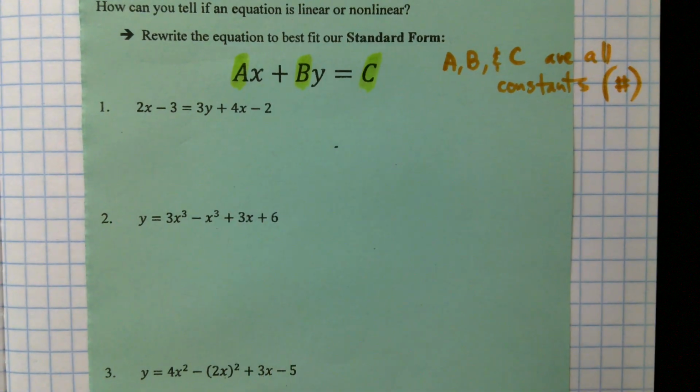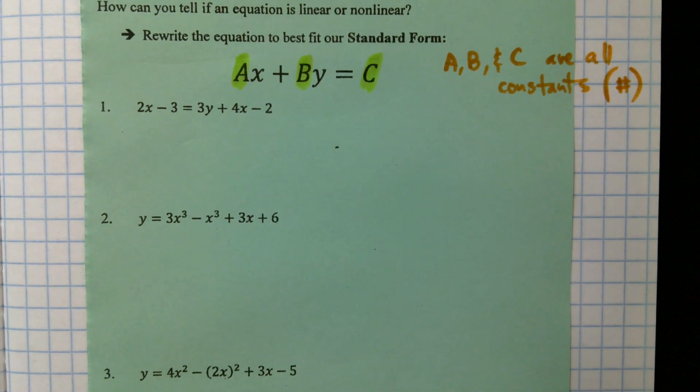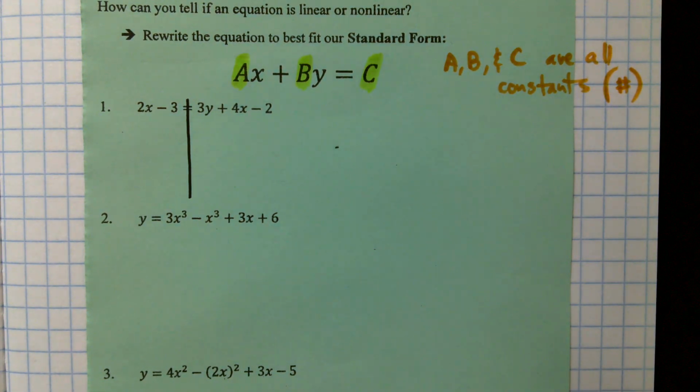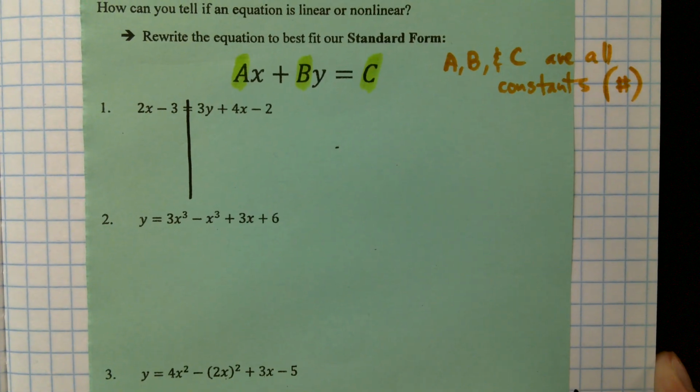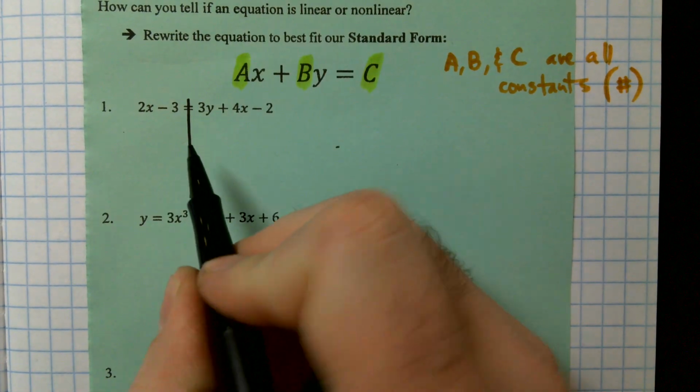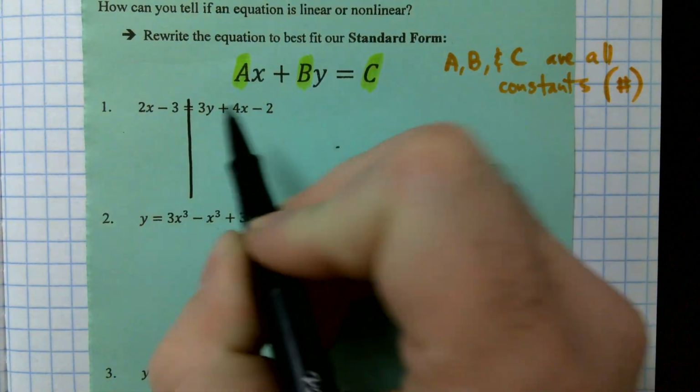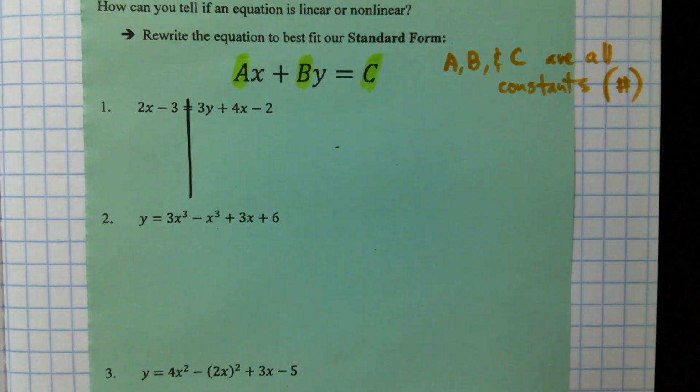So let's take a look at this first one. We just did solving equations, so this should be second nature by now, I would hope. I'm going to split my equal sign, and I'm going to rearrange this so that I have a number x plus a number y equals a big number, a constant. Okay? So to do that, any x's and any y's I want to bring over to the left.